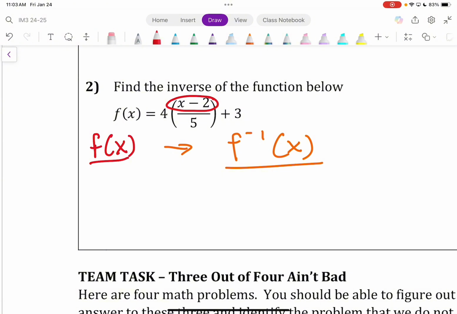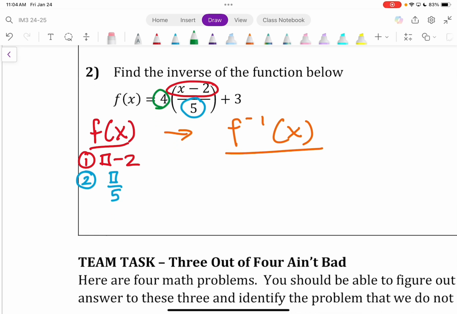Next, we look at the inverse of the function below, starting with the first step. So I just circle the first step. What would that be? Brian, how would I write that? Box minus 2. Next step in blue is what, DeMarco? Box over 5. The next step in green is what?